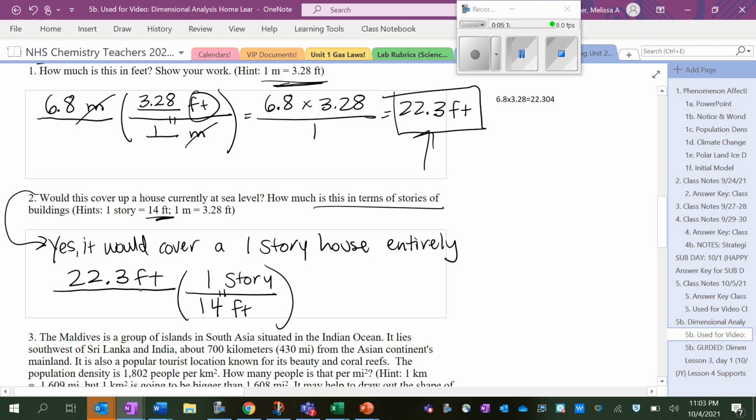That's my conversion. Feet are going to cancel out. I've got 22.3 times 1 on the top divided by 14 on the bottom. 22.3 divided by 14 equals, that's about 1.6 stories.